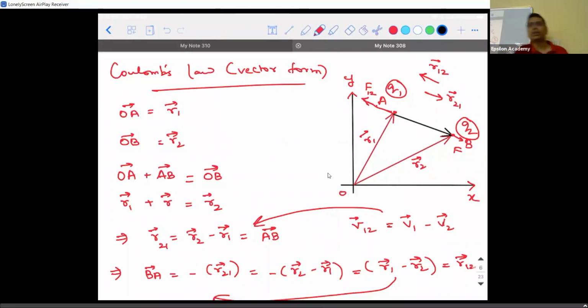So F12 vector is the force experienced by the first charge due to the second charge.